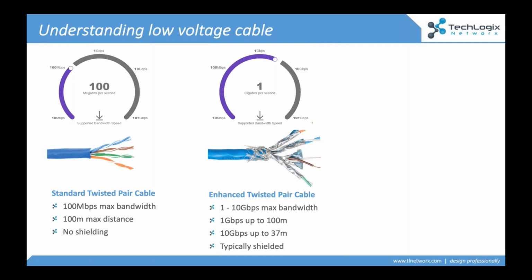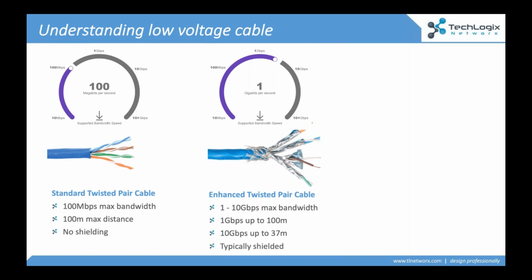Now, most of the cables being sold today are used for higher definition video or faster network speeds, and now we're getting into the enhanced twisted pair cables. These are shielded. Look at the cable on the screen. Most people are probably familiar with what it takes to strip those shields back. You're getting into pretty bulky cables here, expensive connectors. One of the nice things about enhanced twisted pair cable is a variable bandwidth that goes from 1 gig, about 10 times more than standard twisted pair cable, all the way up to 10 gig, but it's very distance reliant.